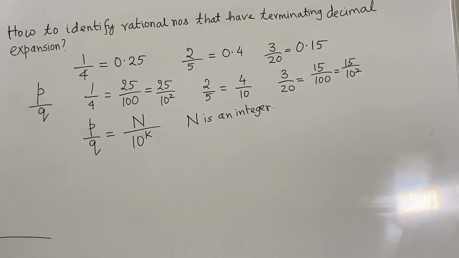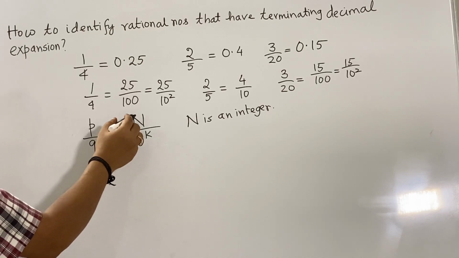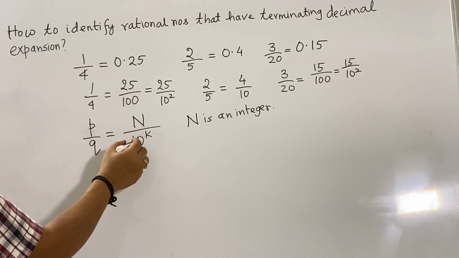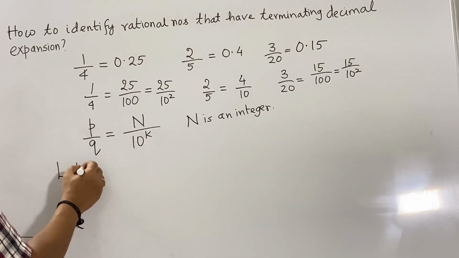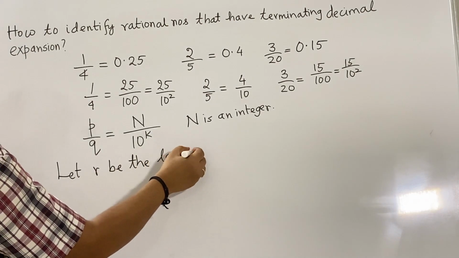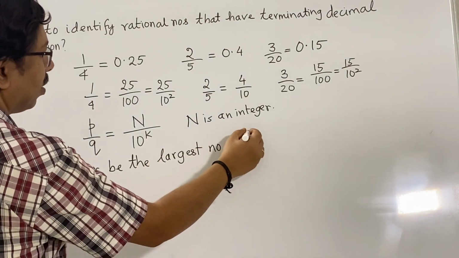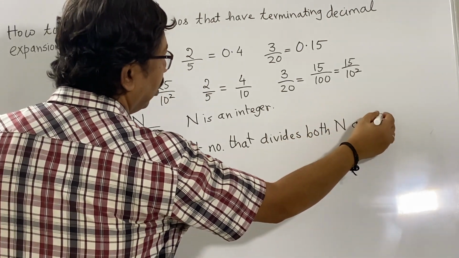Now since p by q is in the reduced form, we can conclude that both N and 10 to the power k would have a common factor. So let R be the largest number that divides both capital N and 10 to the power k.